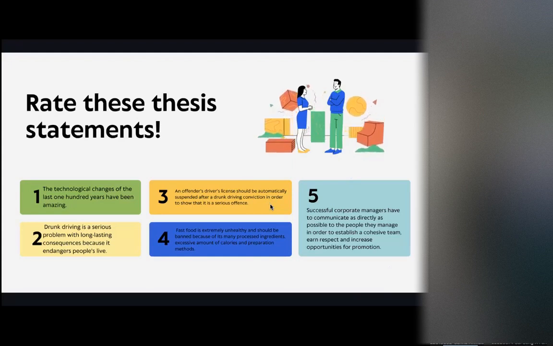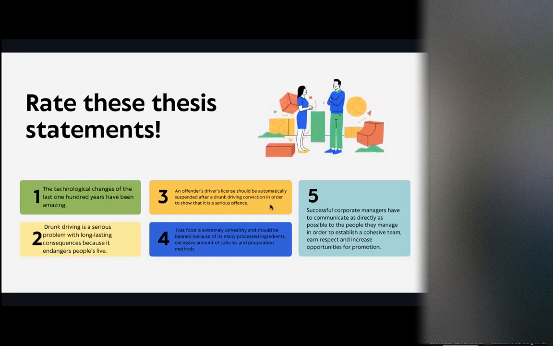I think that, let's see, should be automatically suspended after a drunk driving conviction or to show that it is... actually this is a case where, well, I think it's a good thesis statement because even though it doesn't exactly have three main themes, it also follows A is B because C. So for example, here we have the A, which is that an offender's driver's license.